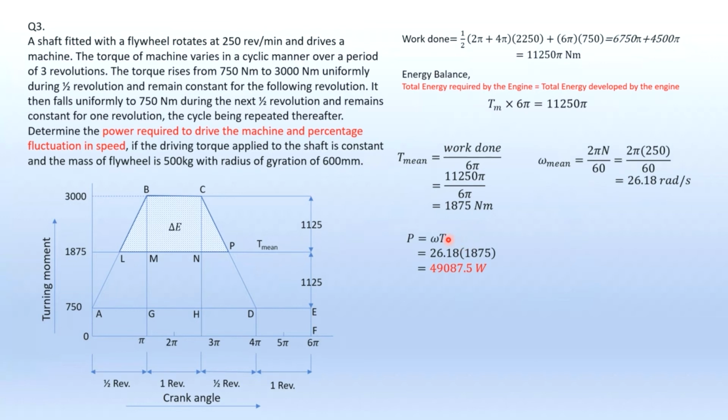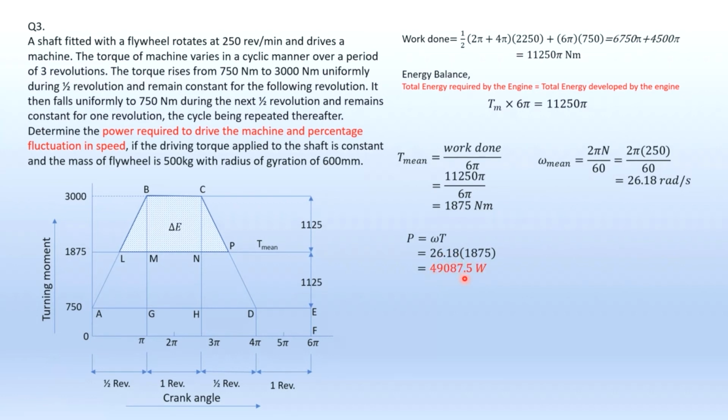We know that power will be equal to 2 pi NT over 60, or the product of omega and T. So omega, you have that, the average angular speed, 26.18, multiplied by the torque.